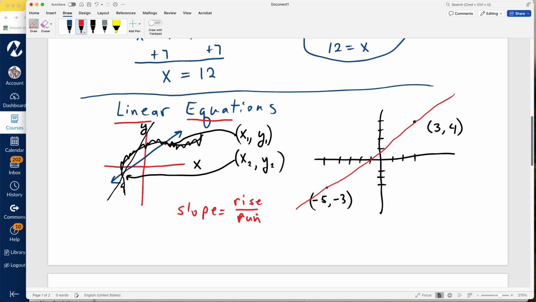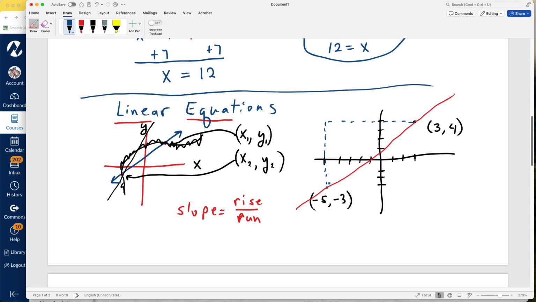So rise is the change in the y values, how far up and down we go versus how far left and right we go. And so the rise comes from, let's change to blue here, how far up we go to get from one point to the next one, and how far over we go.